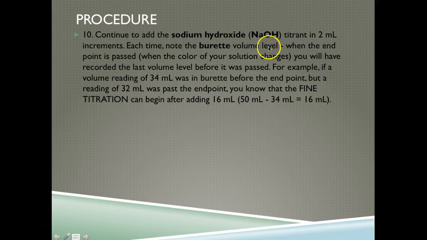So you're adding the sodium hydroxide in 2 mL increments, noting the level in the burette each time you're adding sodium hydroxide.